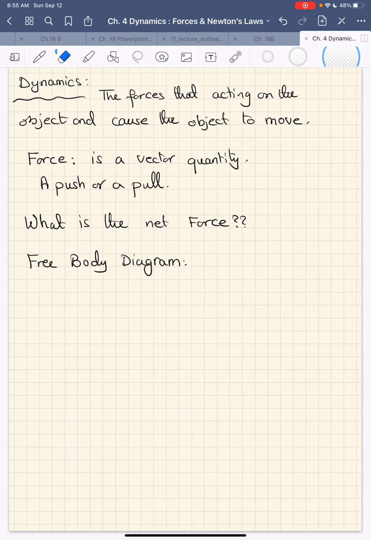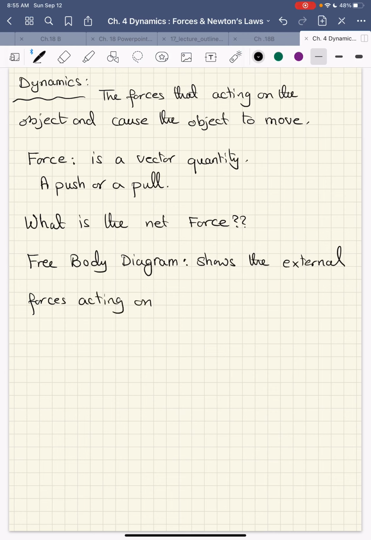That free body diagram is going to illustrate, or show, the external forces acting on the object. And here I underline "on".